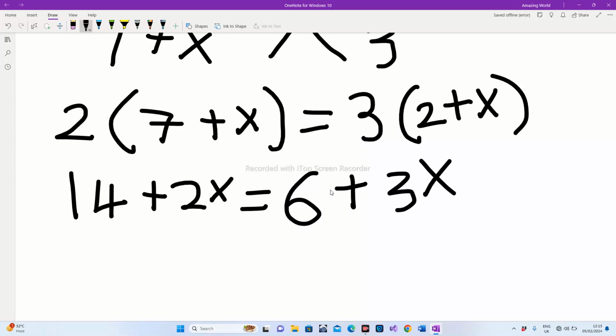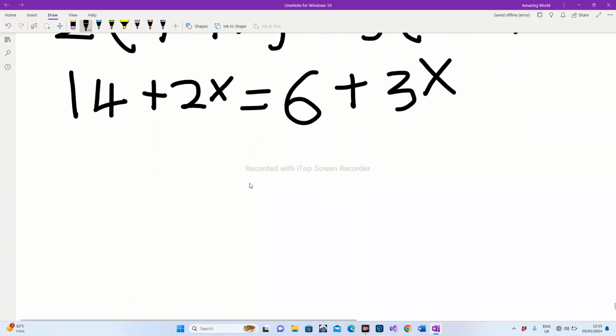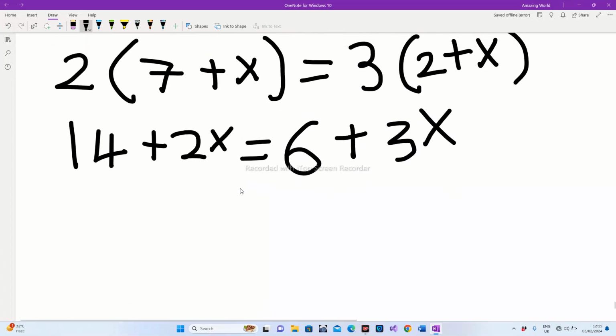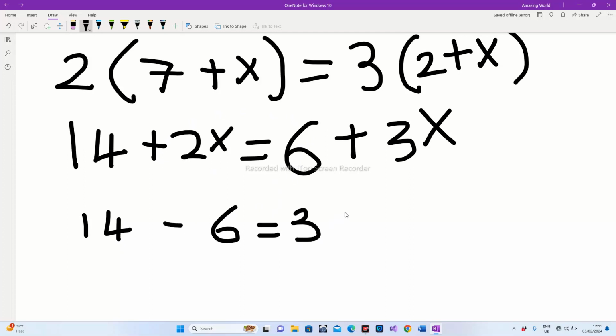I believe this is very well explained. From here we should know that we are to collect like terms. So we have 14 subtract 6, the positive 6 when it crosses over to the other side becomes negative 6, and we have this 3x, subtract this 2x as the sign changes when it crosses the equality sign.